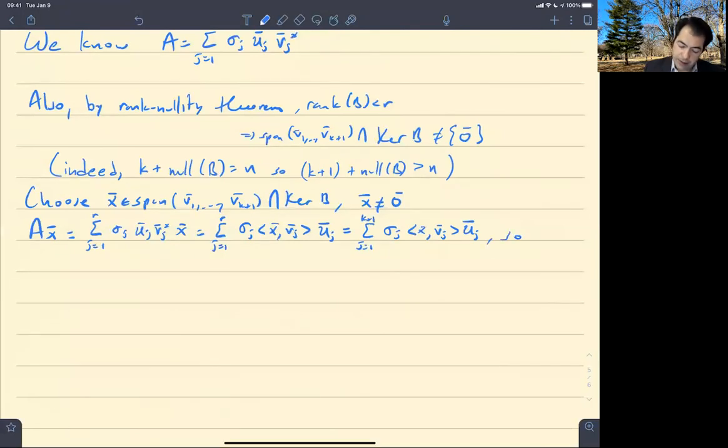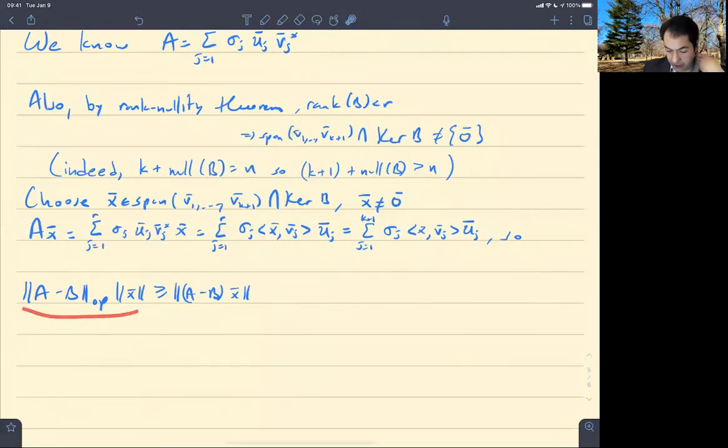Okay. So when we compute the operator norm of a minus b, if I multiply this by the norm of x, this is greater than or equal to the norm of a minus b applied to x, right? x is not 0, so this left-hand side is not 0.